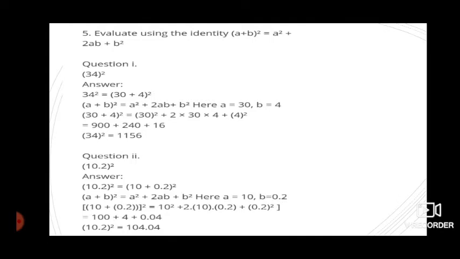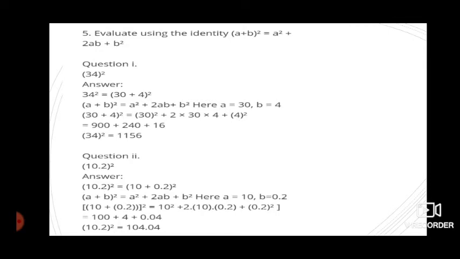Now apply the formula. A square means 10 square, plus 2 into 10, that is a 10, into b 0.2, plus b square, 0.2 square. Now 10 square means we will get 100. In the middle term, 2 into 10 is 20, 20 into 0.2 we will get 4.